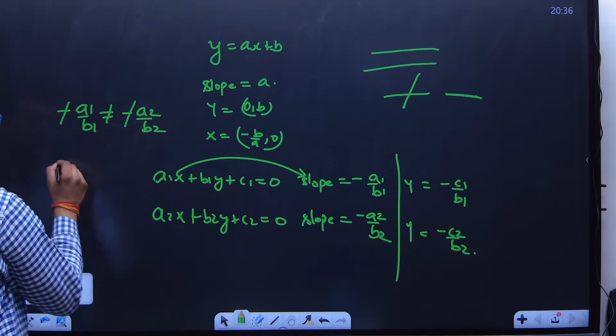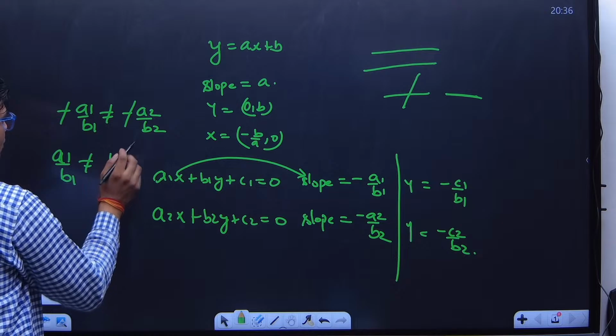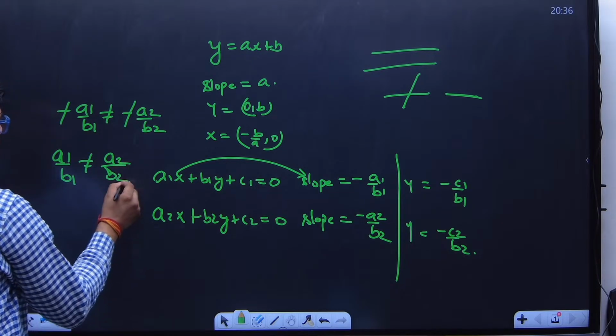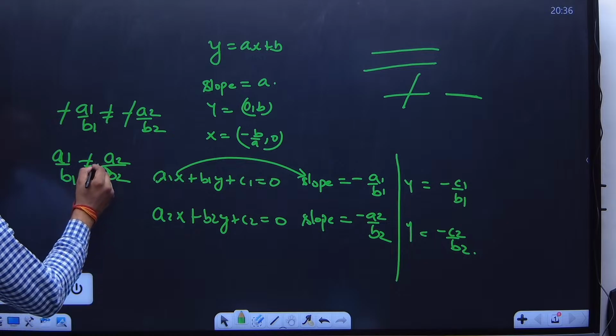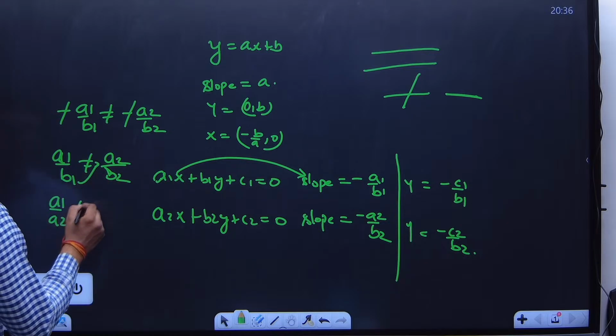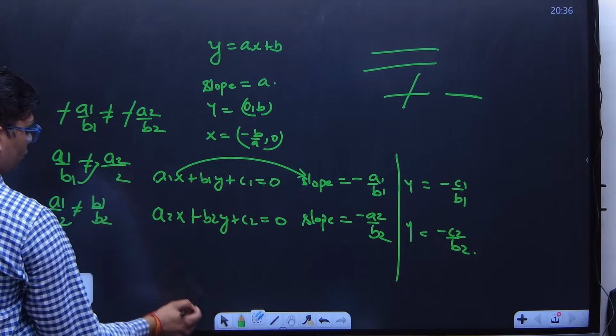You can cancel the minus sign. So a1 upon b1 is not equal to a2 upon b2. You can bring this a2 down and take this b1 up, so it will be a1 upon a2 is not equal to b1 upon b2. All right.